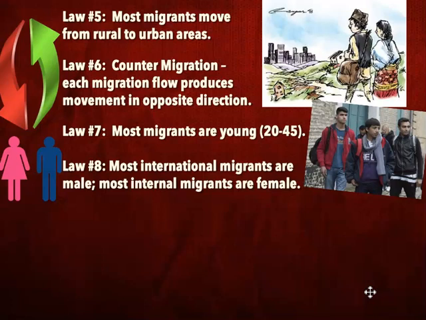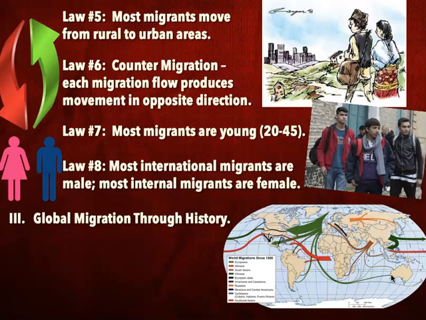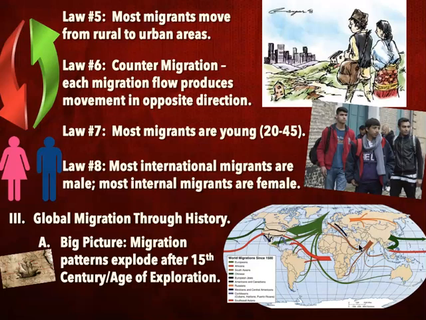All right. And then I think, where are we going from there? Global migration through history. Well, let's tell you what. We're just going to get a little start going on this, and this is where I'll pick it up in the classroom, because we're going to take a quick spin through history and look at migration patterns and movements. And really, you can just get what I've got right there, which is the whole idea that a lot of migration stays relatively stable.